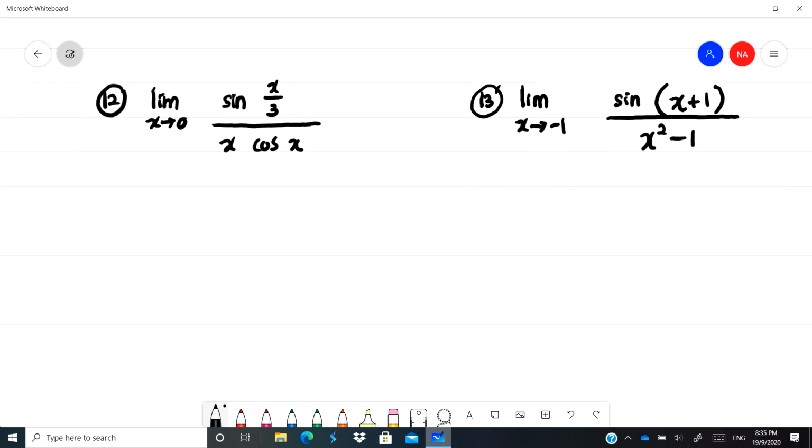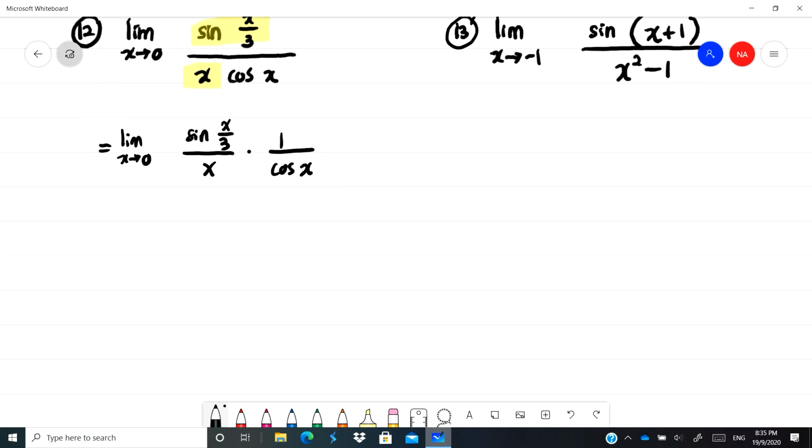If you have something like this, again you want to put this sine of x over 3 with x together. So that cos x should be moved to its side. It will be the limit as x approaching 0 of sine of x over 3 over x multiplied by 1 over cos x.